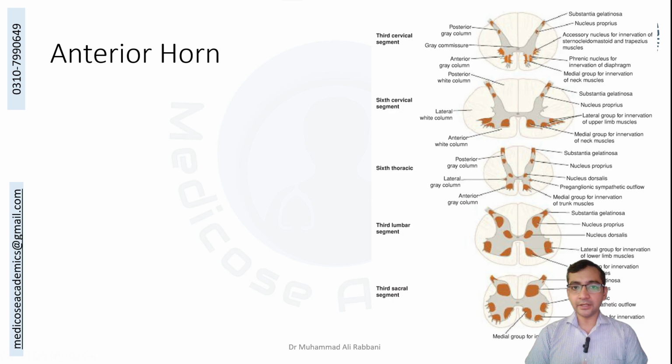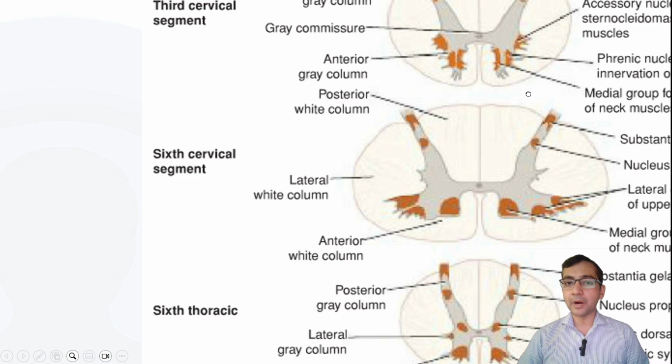Let us dive a little deeper into the anterior horn. These are pictures from Snell's Neuroanatomy, and these are representative pictures from the upper cervical, lower cervical, thoracic, lumbar and sacral segments. I don't want you to be overwhelmed by the whole picture. I just want you to focus on these dilated areas, these marked areas.